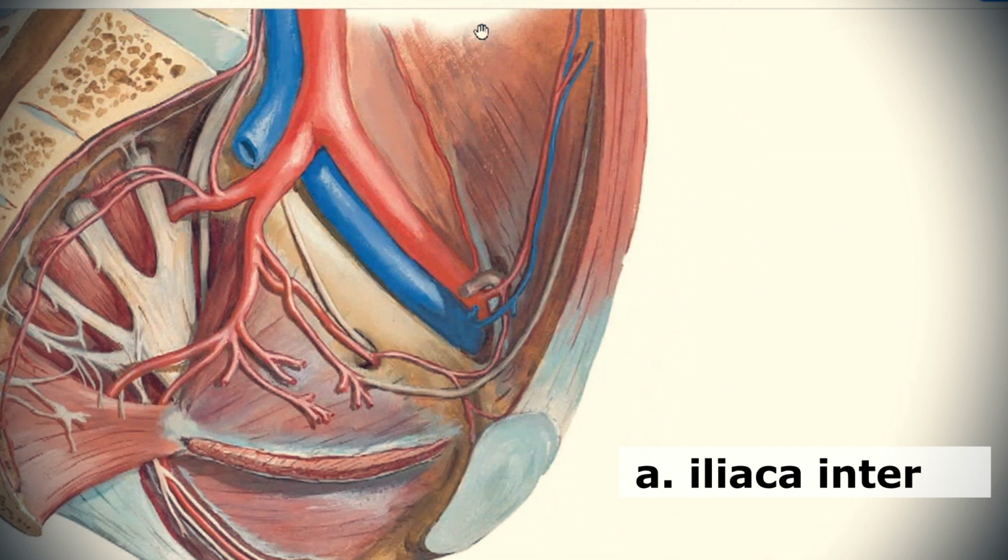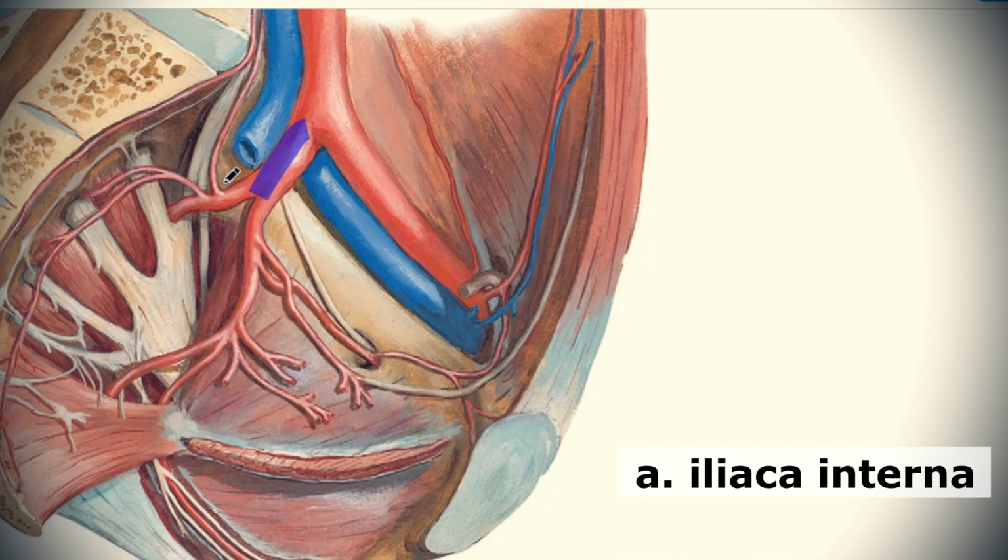Internal iliac artery, arteria iliaca interna, it's a short vessel that goes inside pelvic cavity and will divide on a lot of branches. Also, you can divide them, like branches of aorta, on parietal and visceral branches to supply walls or organs of pelvic cavity.